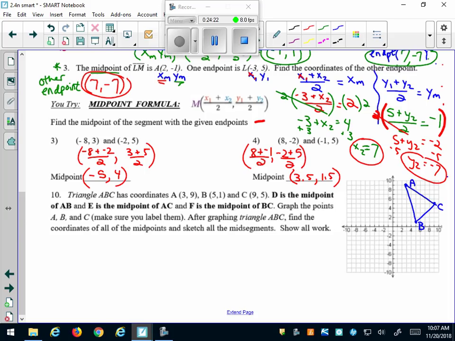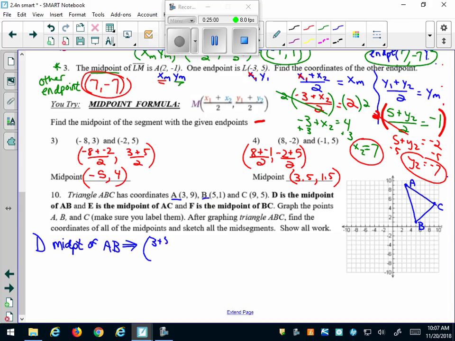So what they want us to do is find the midpoints so that we can draw the midsegments, right? So we're going to basically find the midpoint of each side. Now, we could estimate what the midpoint is, but we want to practice calculating it. So the midpoint of AB, they want us to call that point D. Well, to find the midpoint of AB, I have to use coordinates from A and coordinates from B, and the formula.